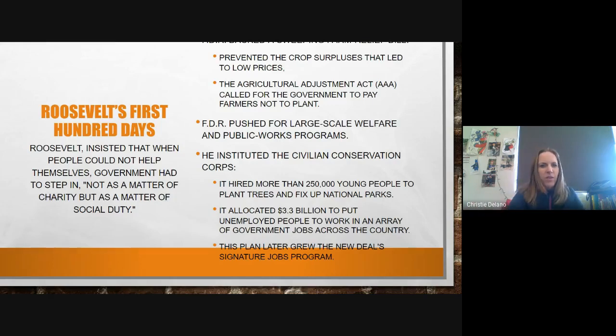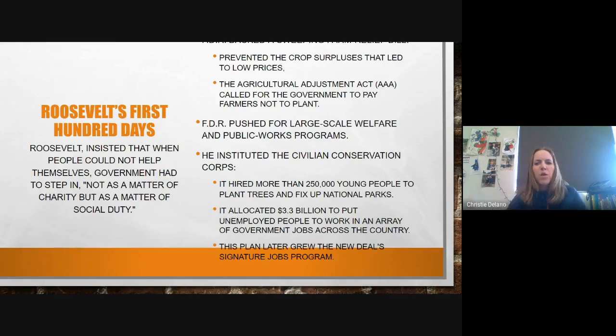FDR, Franklin D. Roosevelt, pushes for large-scale welfare and public works programs. And he does this through the creation of many programs, including the Civilian Conservation Corps, or the CCC, where they hire thousands of young people, in the CCC's case 250,000 young people, to plant trees and fix up national parks.